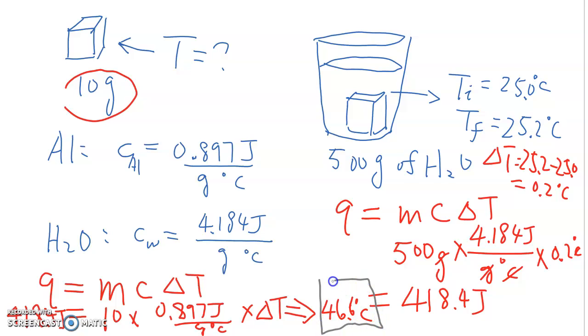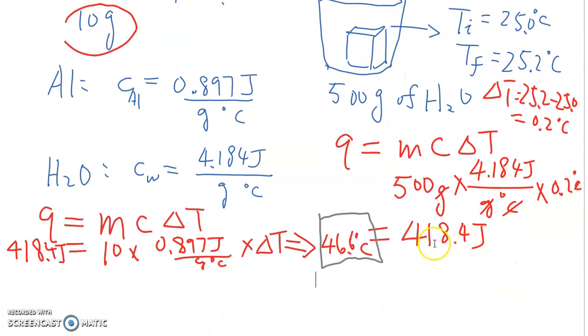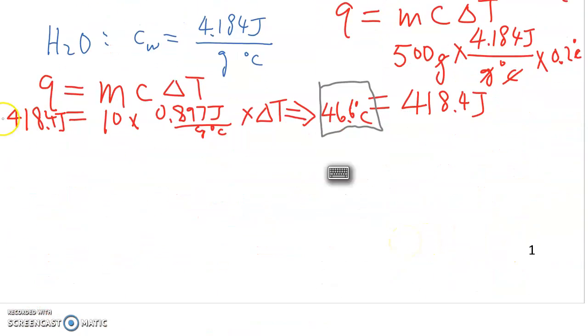That is a change of temperature, and we know that the initial temperature is higher than the final temperature. So what will be my initial temperature of the aluminum? It decreases, an exothermic process.